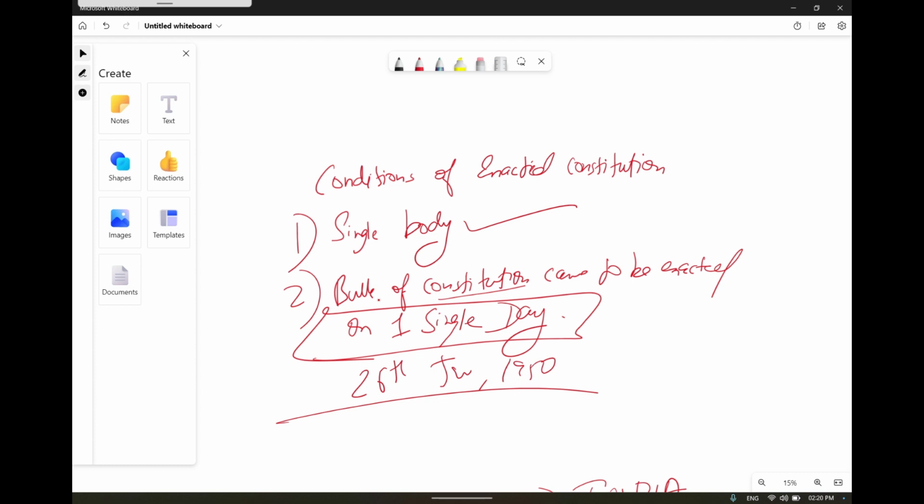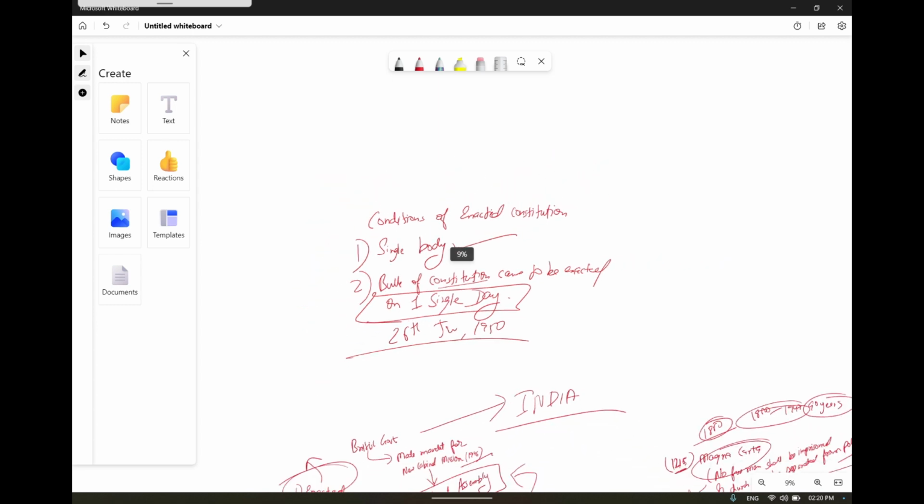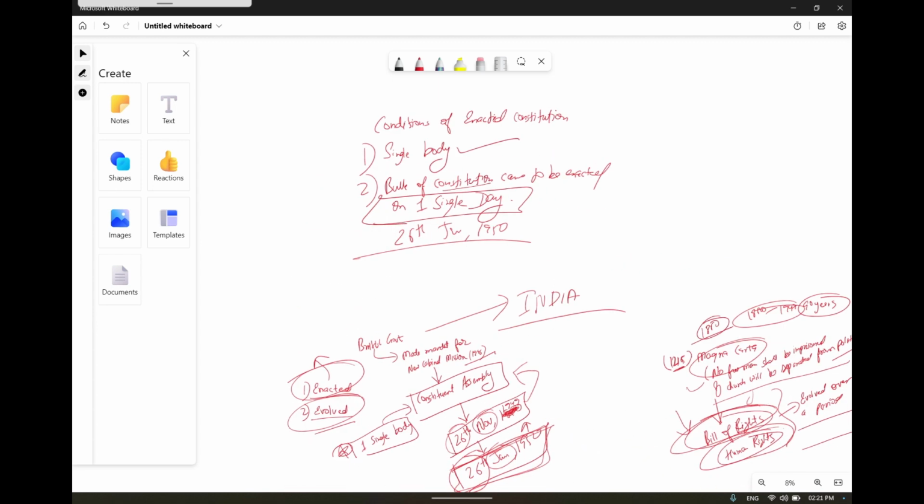In an unwritten constitution, parliament is supreme, but in a written constitution, the judiciary has a much bigger role. I am just telling you about the comparison between written and unwritten to help you understand.